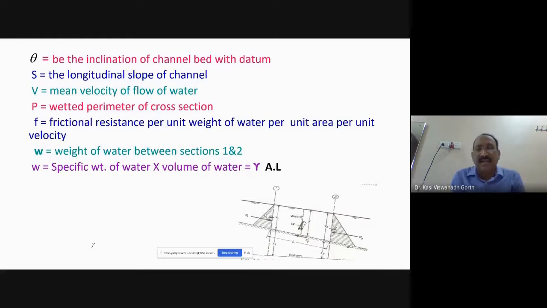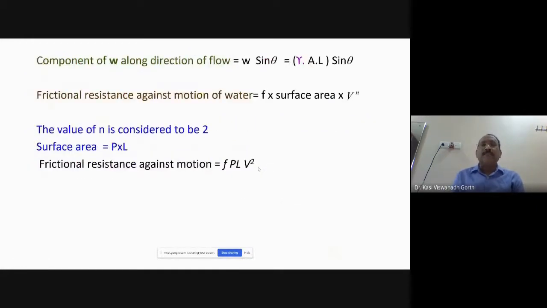So if A is the wetted area and L is the length between sections 1 and 2, then A into L, area multiplied by the length, gives you the volume. And if this volume is multiplied with the specific weight or unit weight of water, you will get the self weight of water, gamma A L. But this acts vertically downwards. So its component, of course, would be W sin theta. So gamma A L sin theta is the component of the self weight of water along the flow direction.